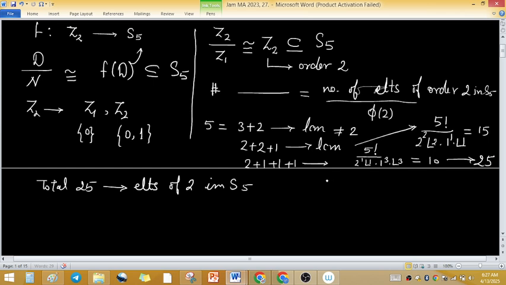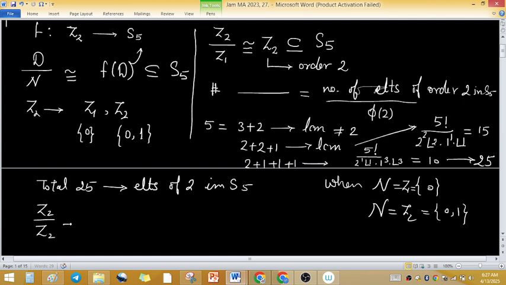When the normal subgroup is Z1, we get 25 homomorphisms. When the normal subgroup is Z2, then by the fundamental theorem of homomorphism, Z2 upon Z2 is nothing but the identity or trivial subgroup.